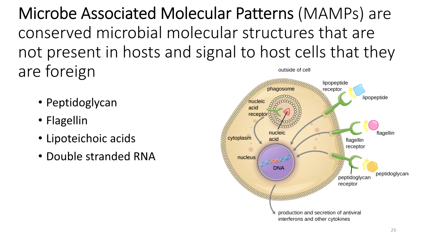Basically, these are conserved structures that are not present in hosts, and they signal to the host cells, the immune response cells, that something is a foreign object. This can be things like peptidoglycan, flagellin, lipoteichoic acids, or double-stranded RNA in the case of some viruses. So basically just things that don't belong whatsoever in the human body, but can be detected.